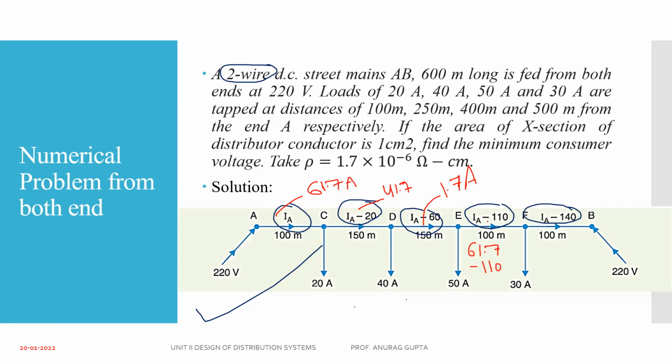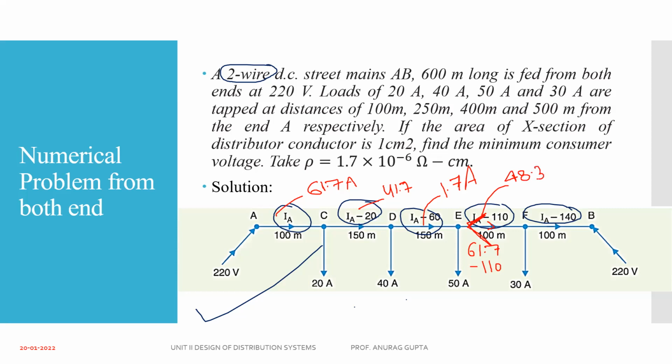So actually the assumed direction will be like that. I have assumed that current is flowing from E to F. But when we solved the numerical, we find the true or actual direction is like that, this one. And the value of the current will be 48.3 ampere. Clear?